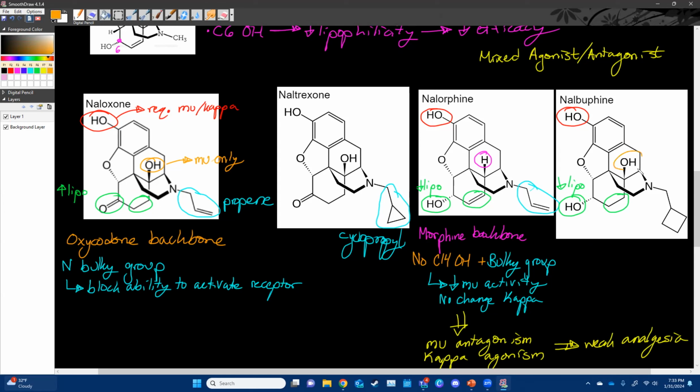But what we do is we add this OH to it. So what ends up happening here is that because of the C14 OH plus the bulky group, plus this weird thing going on at C6, the result here is that we have decreased kappa agonism.